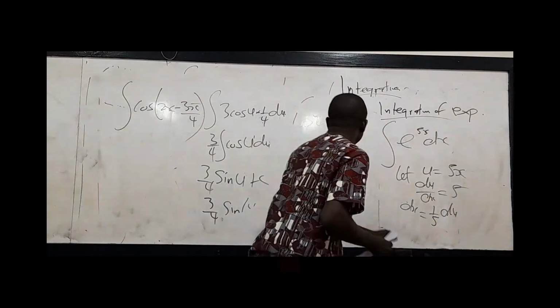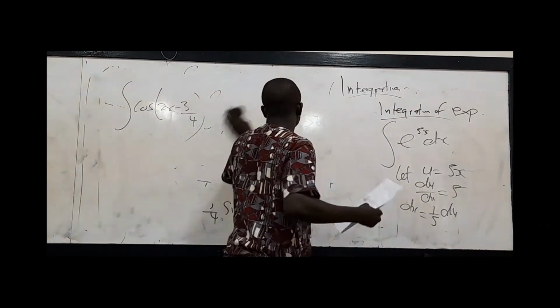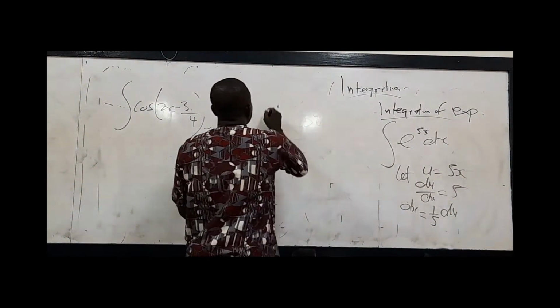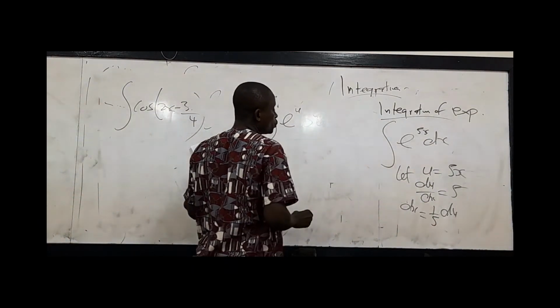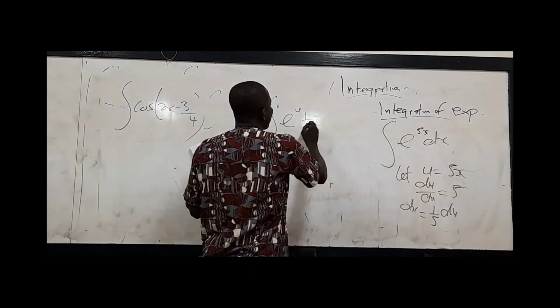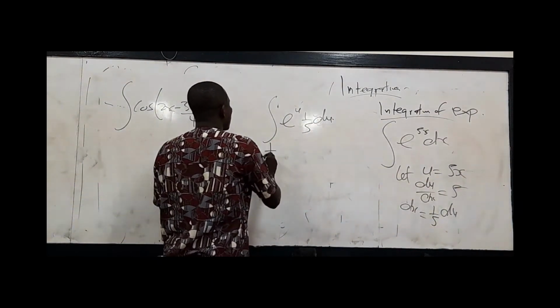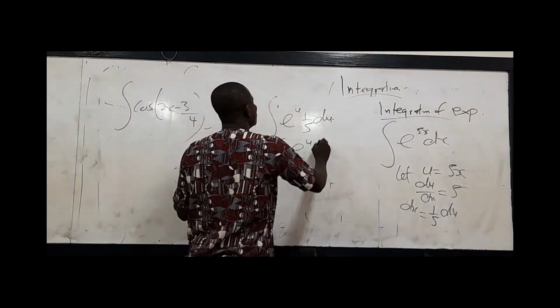So I'm going to put it there. Putting it there, I'm going to have the integral of e^u times 1/5 du. So I'm having 1/5 integral of e^u du.